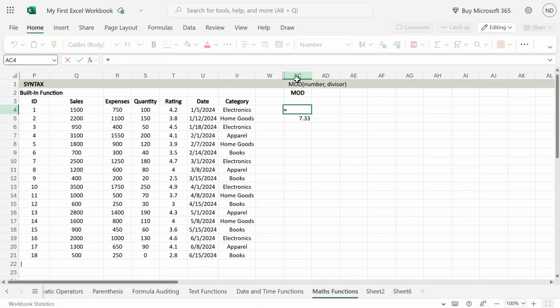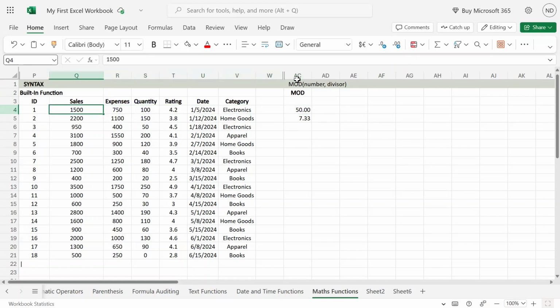If I use the mod function where the number is 750 and my divisor is 100, it should give me the mod as 50. If I divide 750 by 100, in multiples of 100 I have 700, and if I remove 700 from 750, I get the remainder as 50.